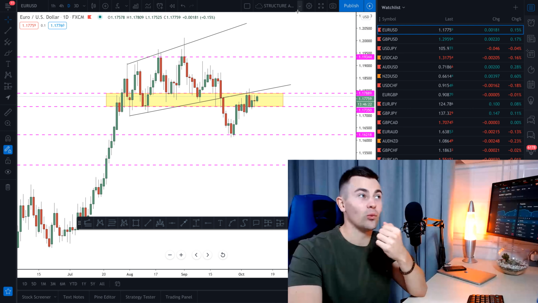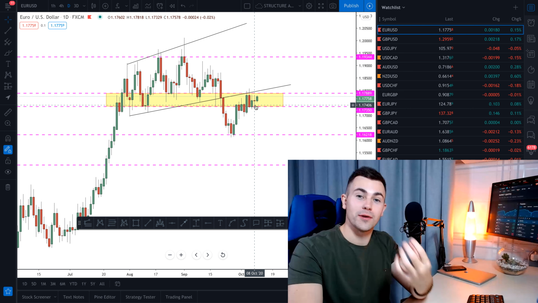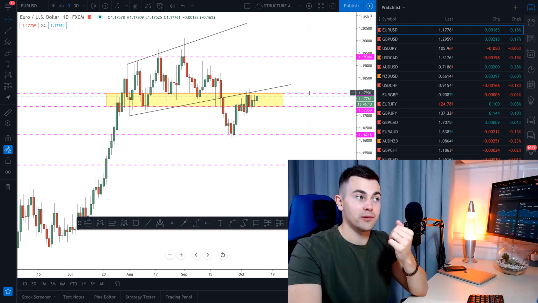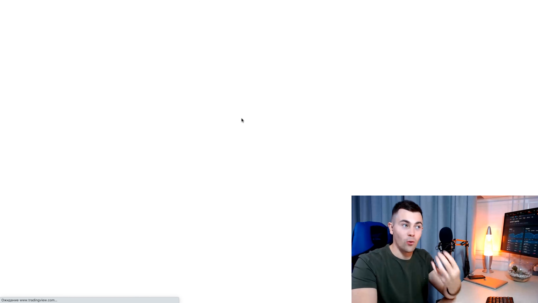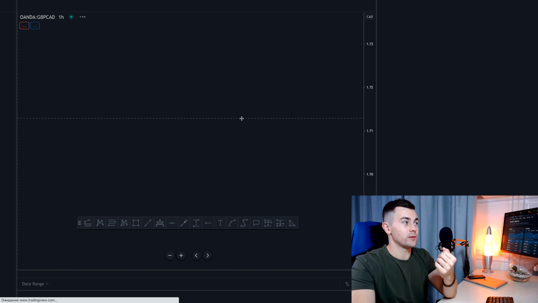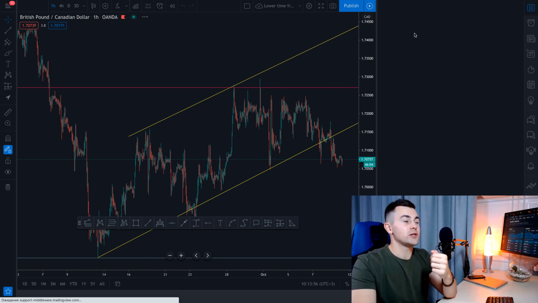And then once I identify the pairs, or the instruments, that are trading on a key level, I apply another layout, and that layout is called lower time frame. If we open that layout together and I open the euro dollar chart here, let's check what we have.